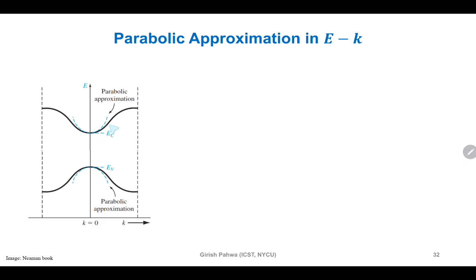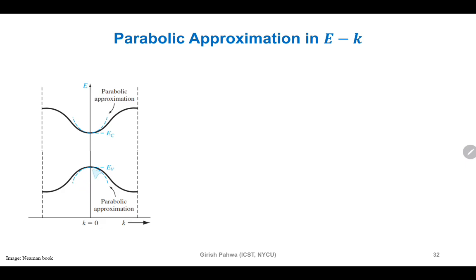If I go farther from the bottom, the parabolic approximation deviates. Close to K equal to 0 here, the relationship matches the black line, which is the actual band, but as I go higher in K, it deviates. We denote this band edge by EC because it is the bottom of the conduction band, and this is the top of the valence band, denoted by EV. This is the energy axis.